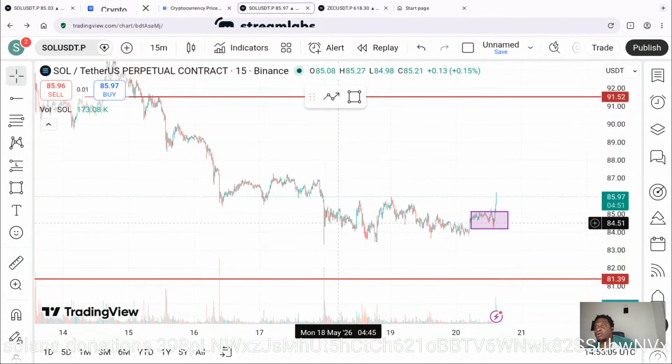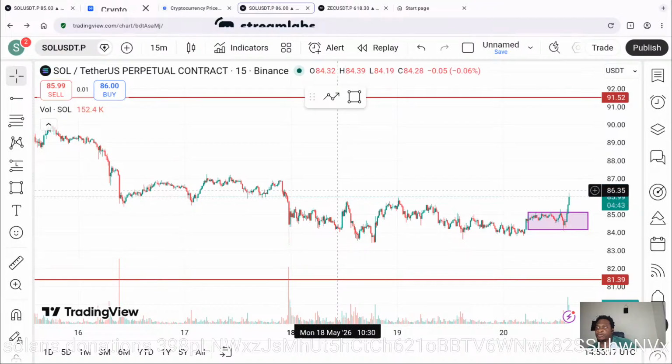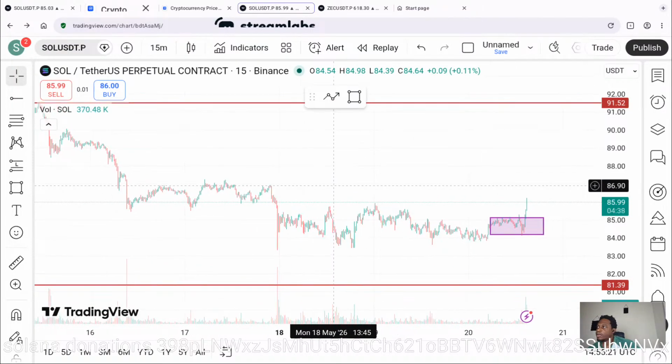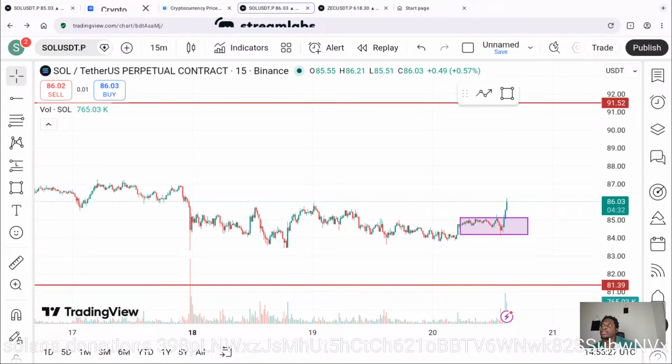what structure started this whole move is what you should ask yourself. What structure started this whole move? What's the main structure you should be looking out for here? What's the main structure you should be looking to break before you can commit your money in?